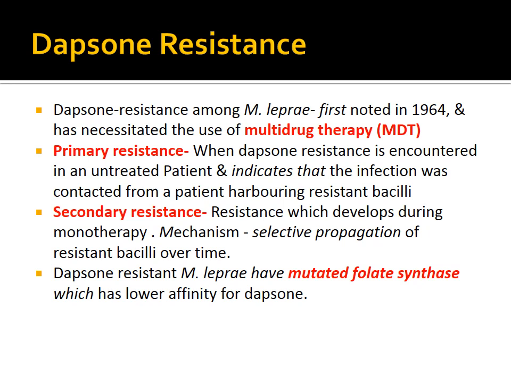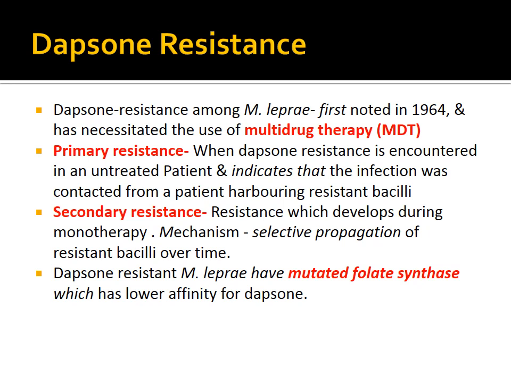Okay, so now what is the main mechanism of development of resistance to dapsone? There is a mutation in the folate synthase enzyme, or dihydropteroate synthase enzyme. Because of this mutation, the affinity of dapsone for this enzyme becomes less, and because of that it cannot completely inhibit the folic acid metabolism.